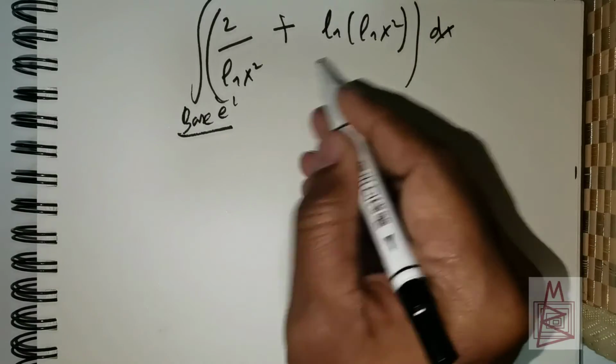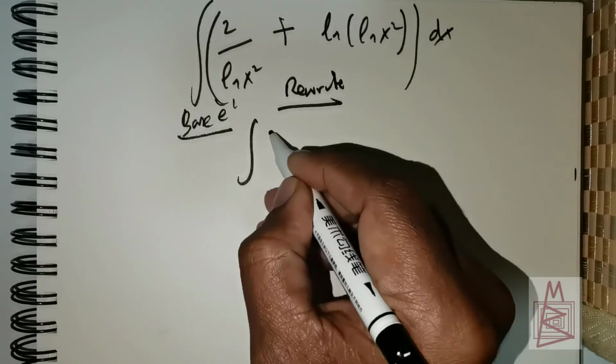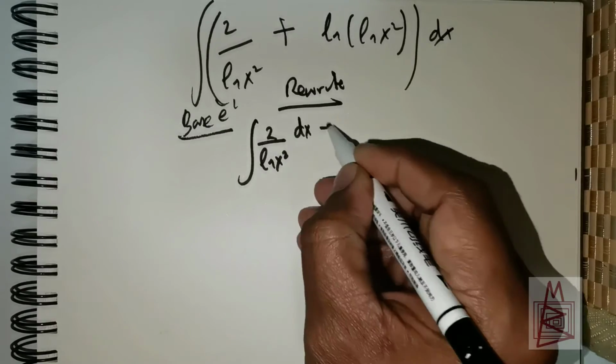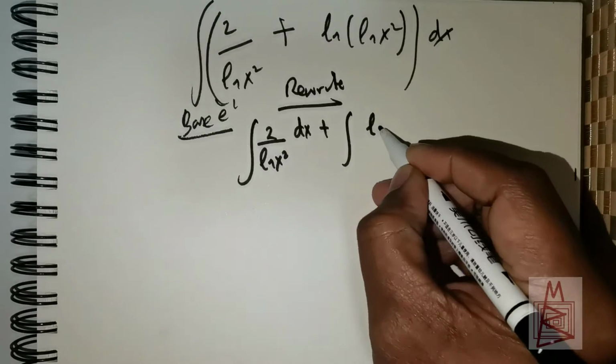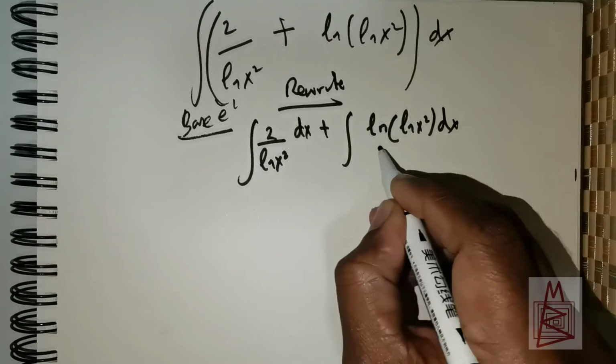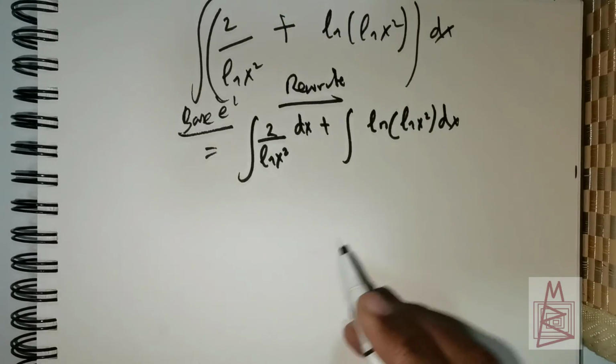Now what I would do, I would rewrite this entire thing as integral 2 over ln x squared times dx positive integral ln of ln x squared times dx. Okay, this is the way I'm going to be rewriting the given quantity.